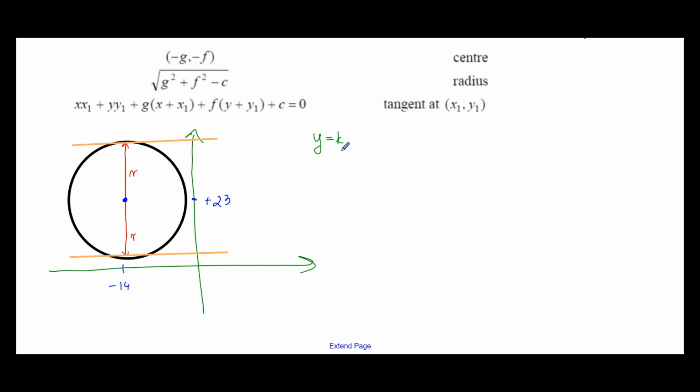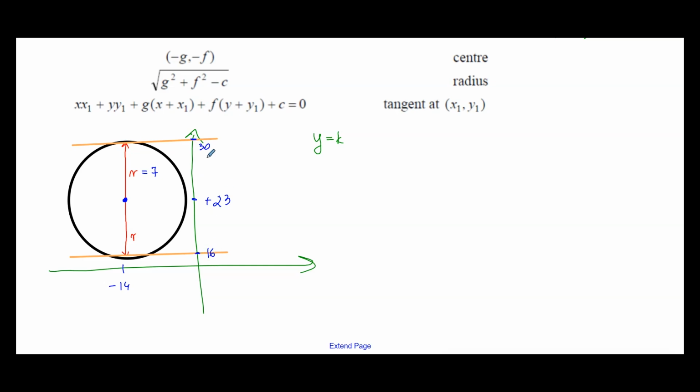I know the center now, but I have to find this value. Let's say, for argument's sake, so that we can comprehend it, the length of the radius is 7. So if that is 23 and I add the length of 7, then here I am going to have 30. And then going down, 23 minus 7 will give us 16.